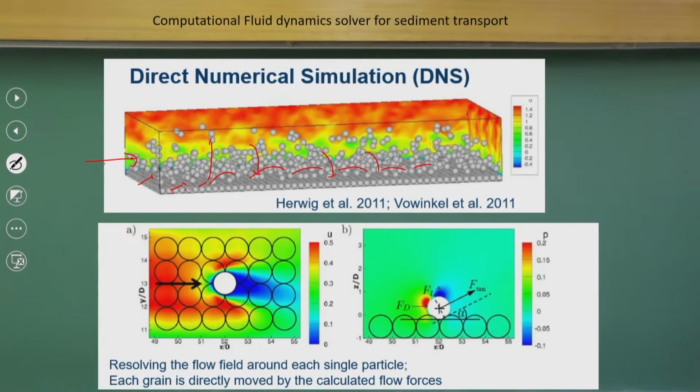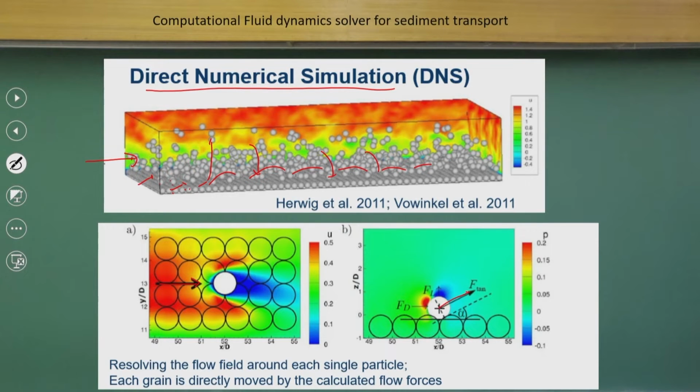Nowadays direct numerical simulations are available at the particle level, including fluid interactions, to know how the process is happening. In more detail at the particle level, you can see how things happen in terms of contours and in terms of the force components.